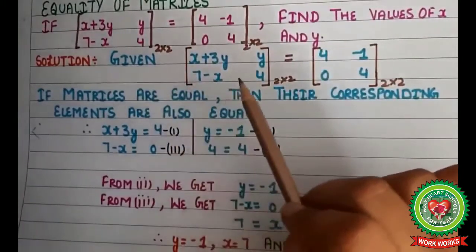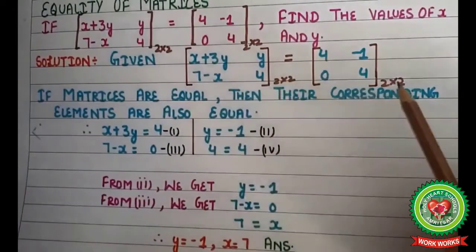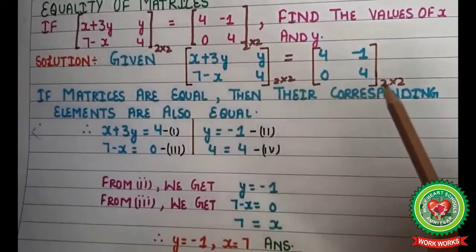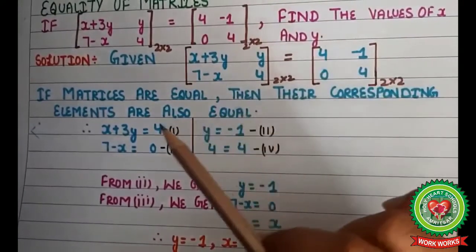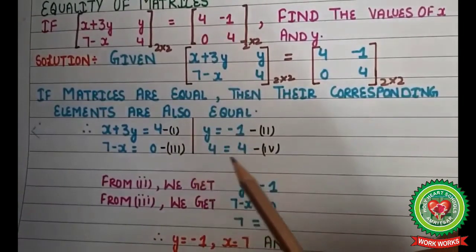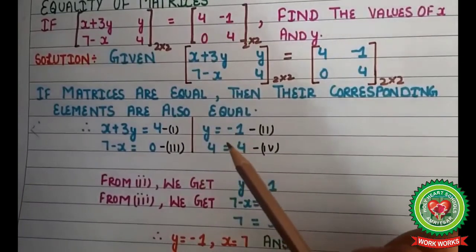Now see the solution given. These are given. Now check the order. Order is the same. If the matrices are equal, then their order should be the same. And also their corresponding elements are equal. As I told you, first equals first, second equals second, third, and similarly fourth. Now from the second, what have we got?